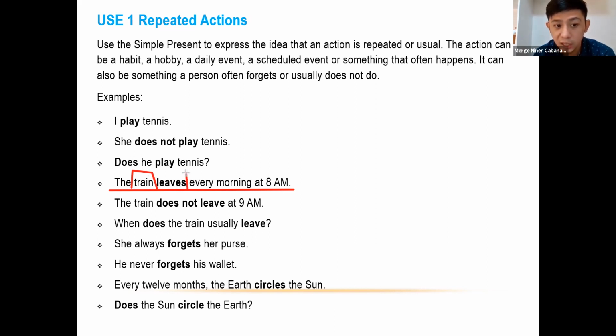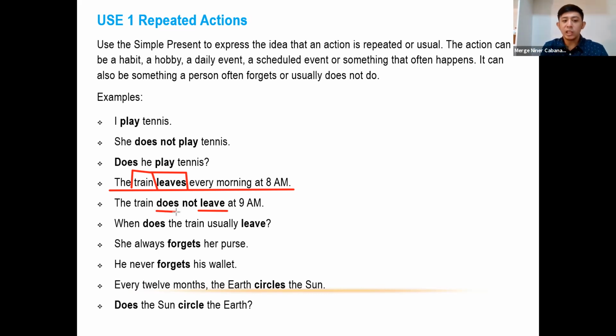It ends with S or ES. The train leaves every morning at 8 a.m. The train does not, sir, what about this one? Your leave does not contain an S anymore. Why? It is still correct because the verb do, in its singular form does, now carries the load of the simple present tense.